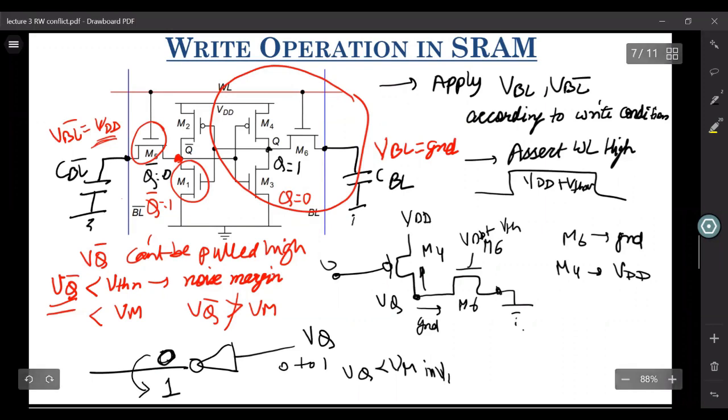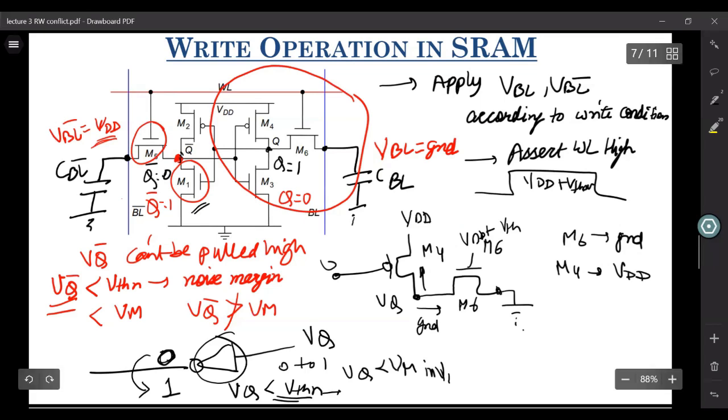However, if you again want the noise margin, what you need to ensure is your VQ should be less than the VTH of the NMOS of this inverter. When this becomes less than the VTHN of this inverter, the NMOS turns off, and this node can easily be charged to VDD via the PMOS access transistor once this NMOS turns off.